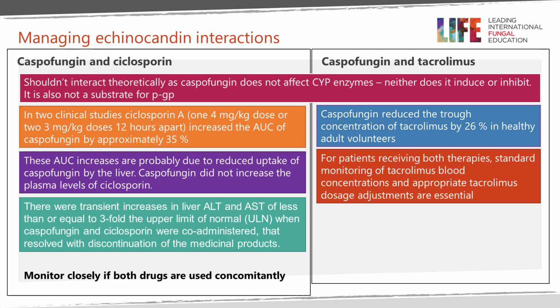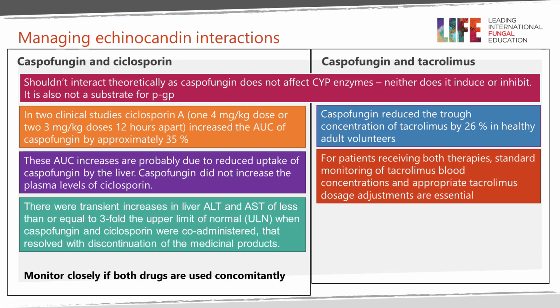So I think the take-home message is, if caspofungin and cyclosporine are to be used together, then monitor really closely, and monitor the liver function and perhaps levels of the drugs. Cyclosporine levels are quite easy to monitor, and levels of the echinocandin if possible, just to make sure everything is within the normal ranges, or perhaps the upper limit of ranges that is acceptable.